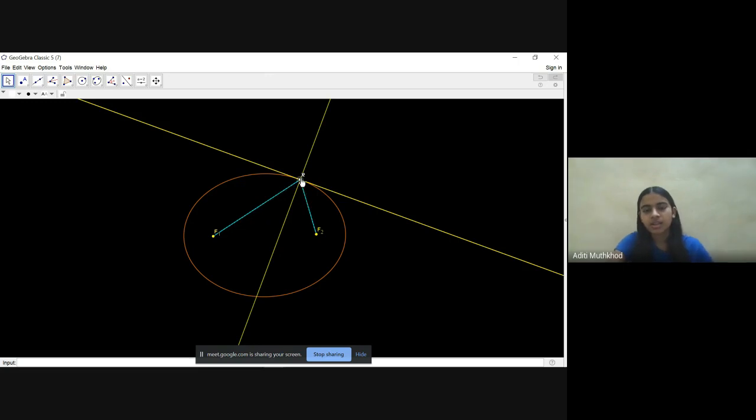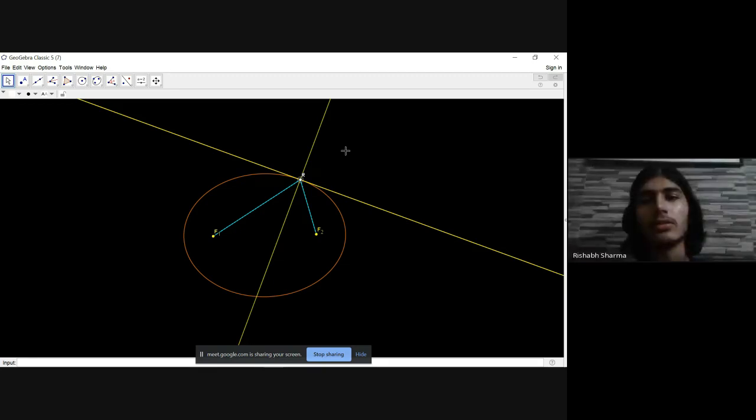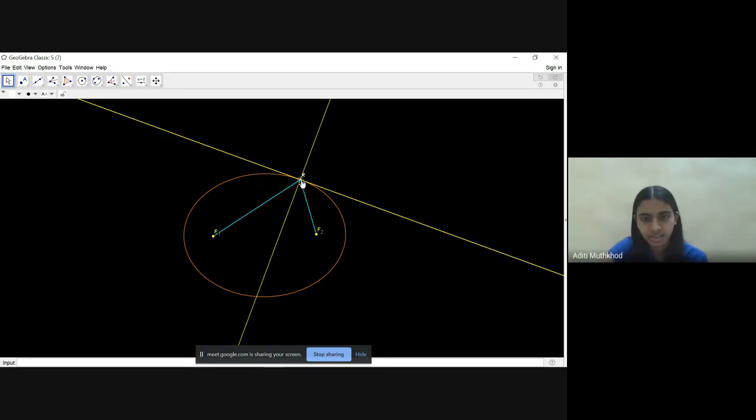Because this line meets the ellipse in exactly one point, being the tangent, the minimum distance idea gives us equal angles because it's just the reflection. Does that make sense? Yeah, it's good.